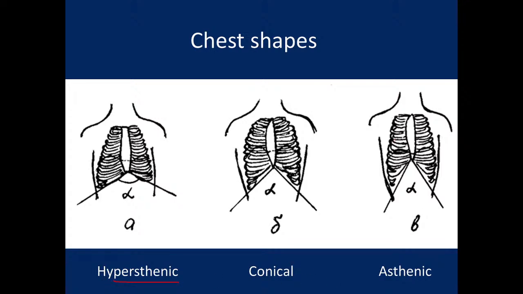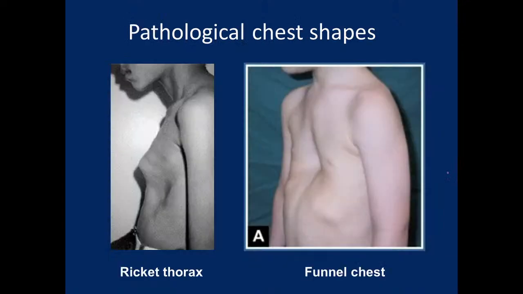And some people have a longer thorax, we call them asthenic, and the conical shape usually belongs to normosthenics. And here also are the pathological chest shapes like rickets thorax and funnel chest.